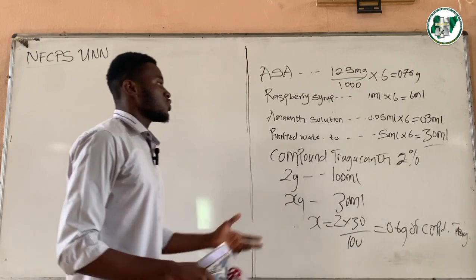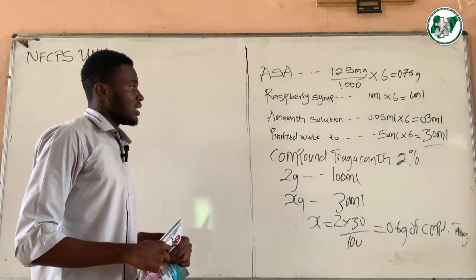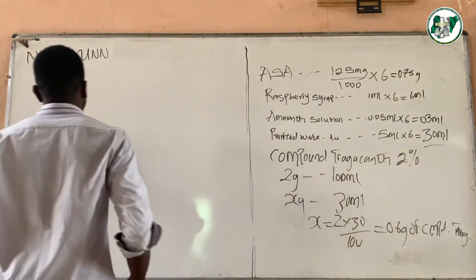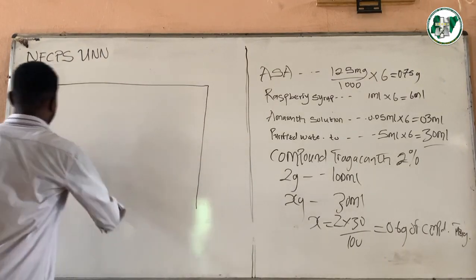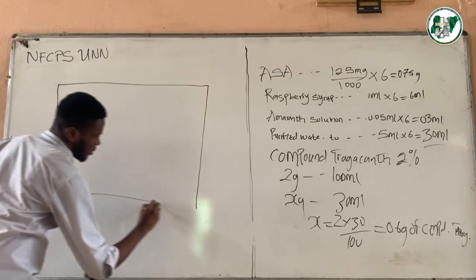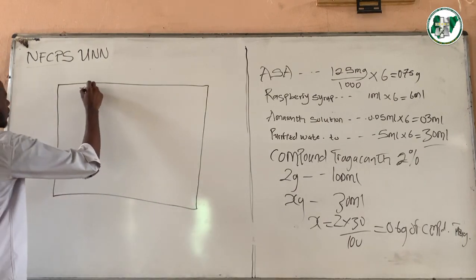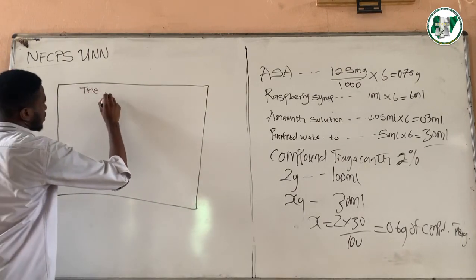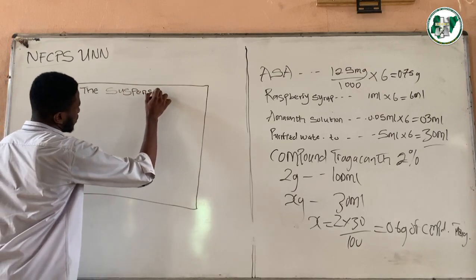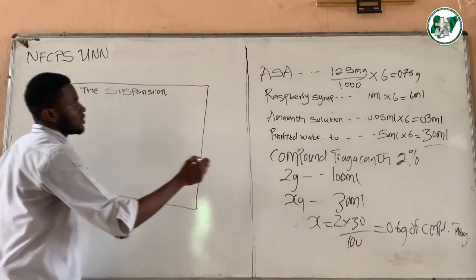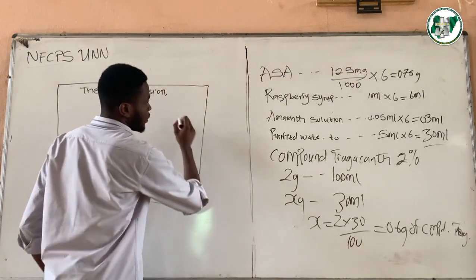Now after this, you're going to need to write your label, and the label is written as thus. Write the suspension and the amount that was asked to be sent, 30 ml.